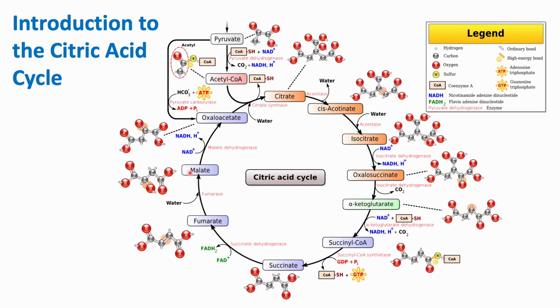Once we have malate, malate is then going to utilize the enzyme malate dehydrogenase, which is going to produce, once again, a reduced electron carrier. So we have NAD plus, and it's going to be reduced to NADH. And now we end up with our original molecule oxaloacetate that we started with.